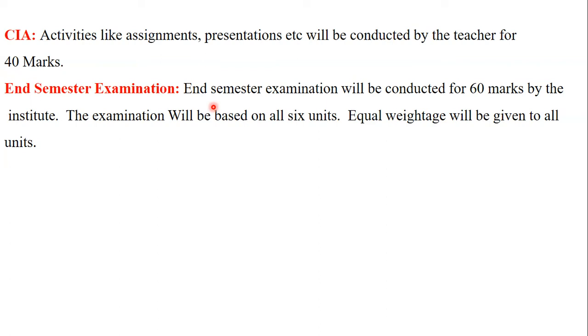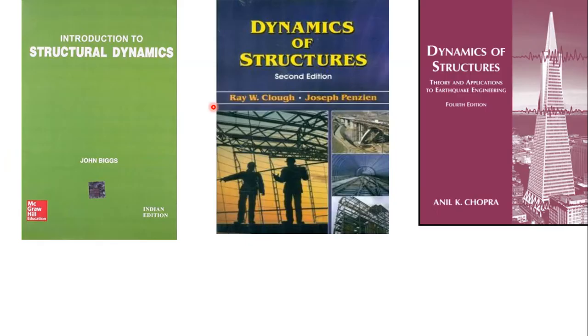The practice we followed in the first semester was that the end semester examination was conducted for 100 marks, and the marks obtained by the students were scaled out of 60. The same pattern we will follow in this semester.